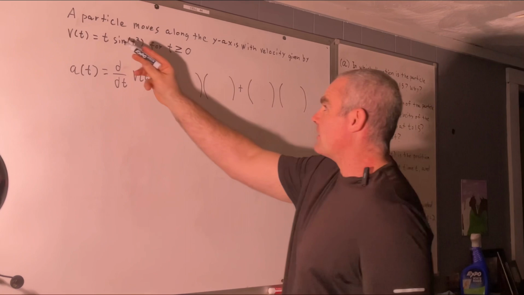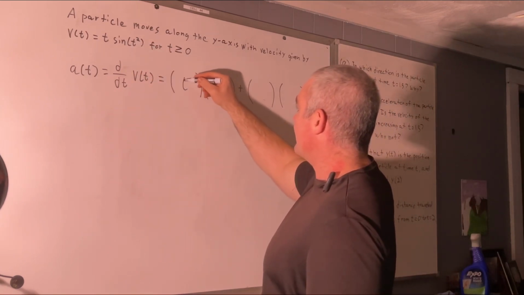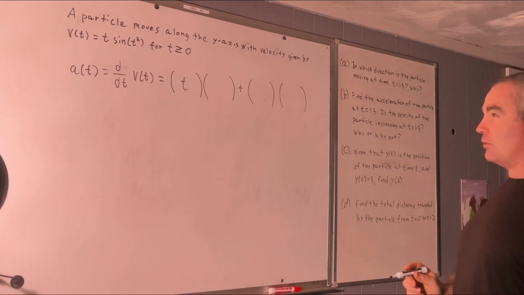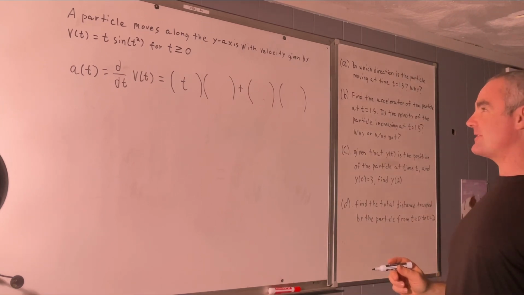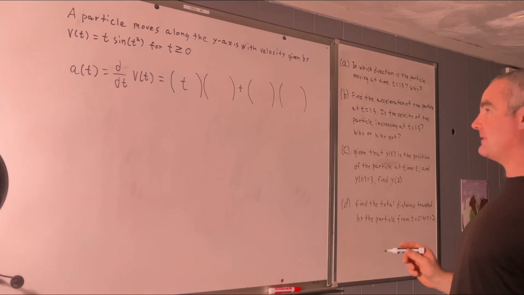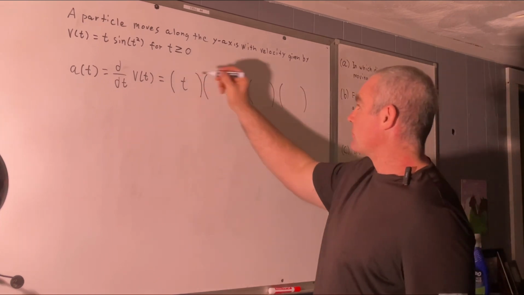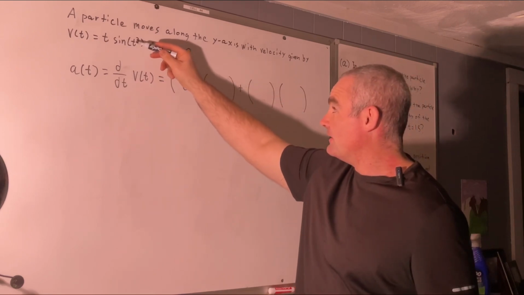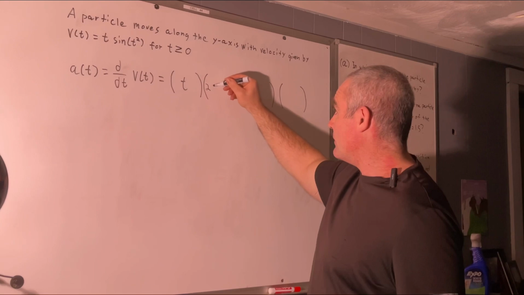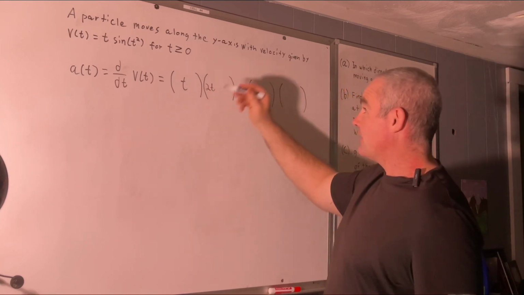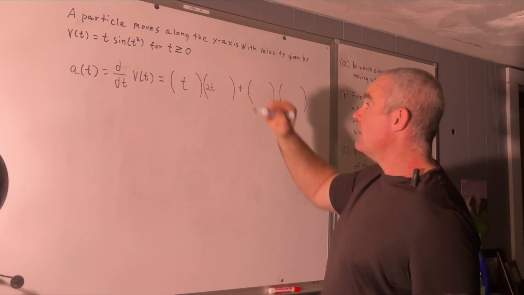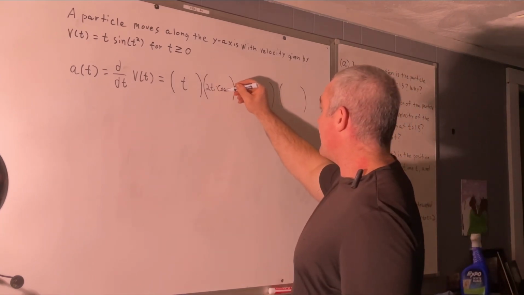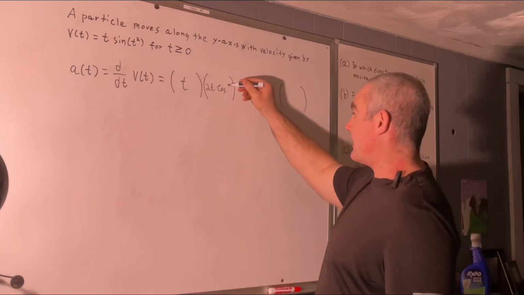So what is our first function? t. What is the derivative of our second function? Well, we have a chain rule, and really we should do this out step by step, but I'm going to skip that. Our inner derivative is 2t, right? The derivative with respect to t of t squared is 2t, times the derivative of the outer function. Well, the outer derivative is cosine, times cosine of what? t squared.